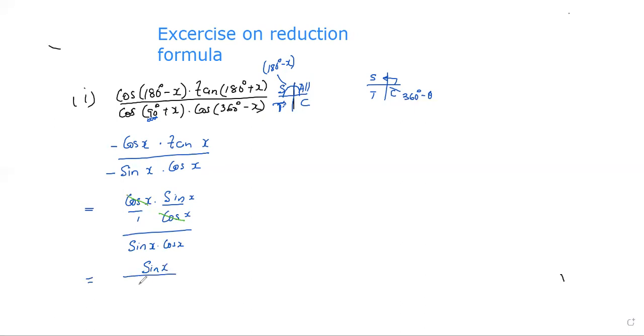The denominator will be the sine of x multiplied by the cos of x. And the whole of this will be 1 over the cos of x. That will be your answer for this one.